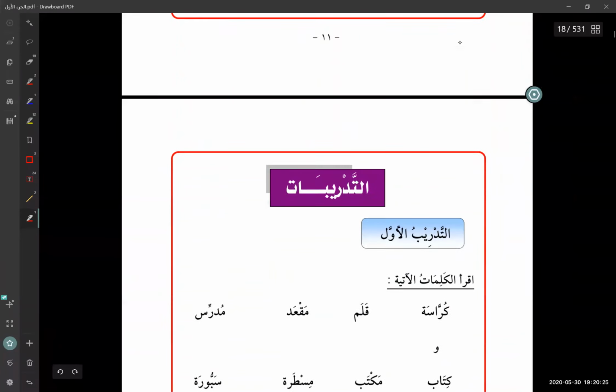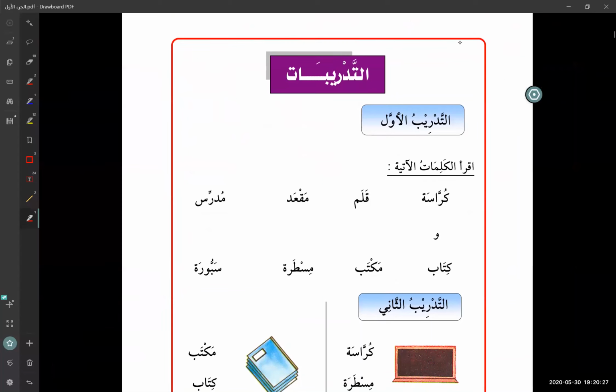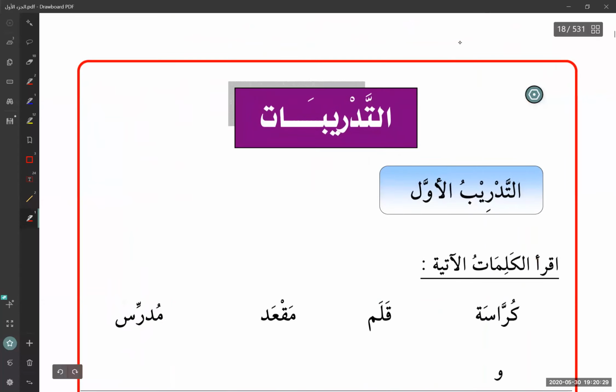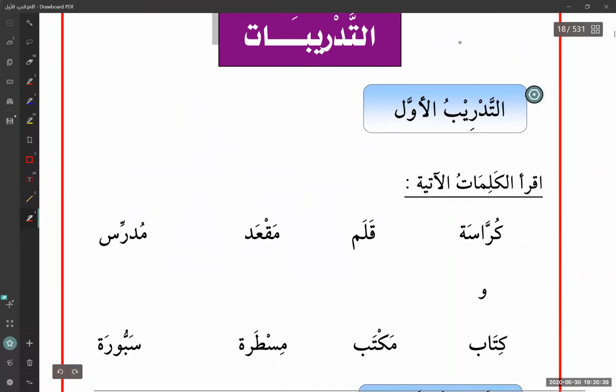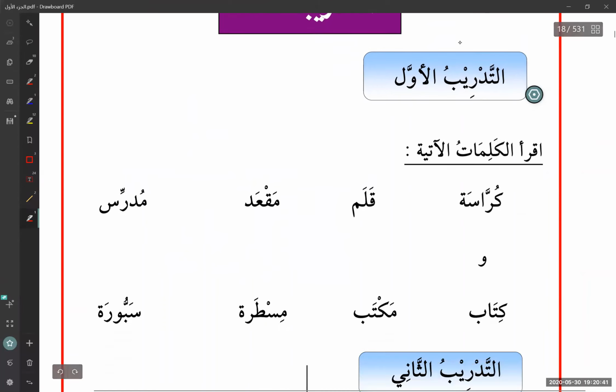So now we move on to our exercise. At-tadribat means exercises. And then we have at-tadrib al-awwal, which means the first exercise. And then it says iqra al-kalimat al-atiya. So this is a mistake.